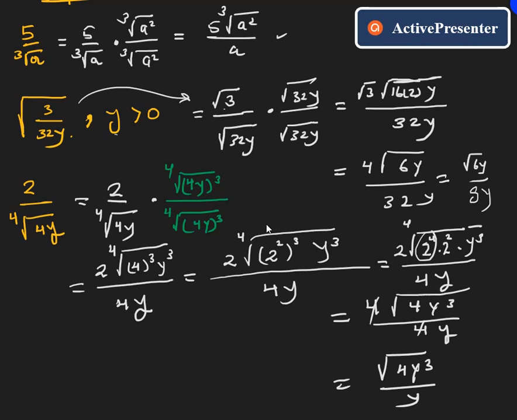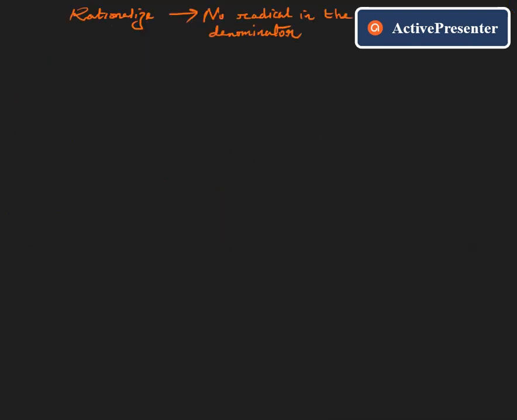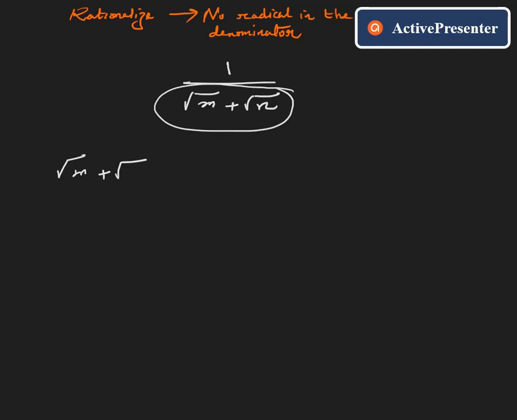Okay, and that's it. To rationalize the denominator of a fraction or expression such as 1 over square root of m plus square root of n, use the conjugate of this expression. The conjugate of square root of m plus square root of n is square root of m minus square root of n.